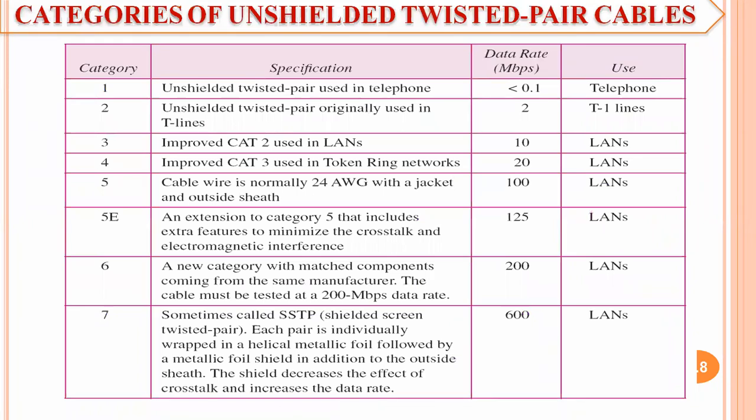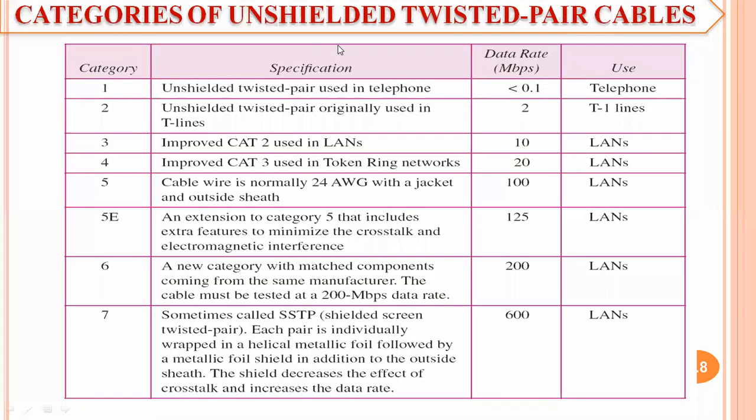So these are some categories of unshielded twisted pair cables. So unshielded twisted pair used in telephone. Speed is less than 0.1 Mbps and used for telephone. Then originally used in transmission lines, speed is 2 Mbps and T1 lines are used.